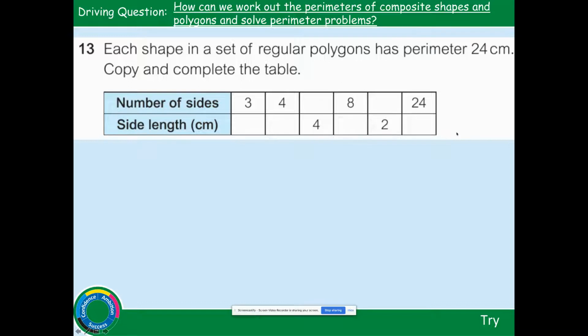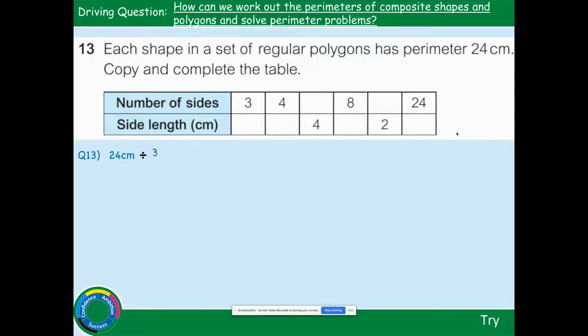Press pause on the video. If you want to draw the shapes, do so, but it's not necessary. Just copy the table and see if you can fill in the gaps. Press pause and press play when you finish doing it.